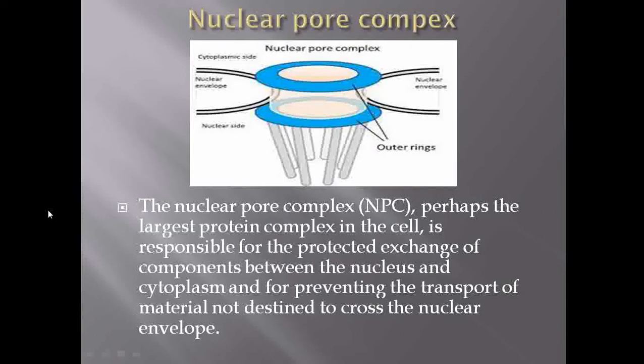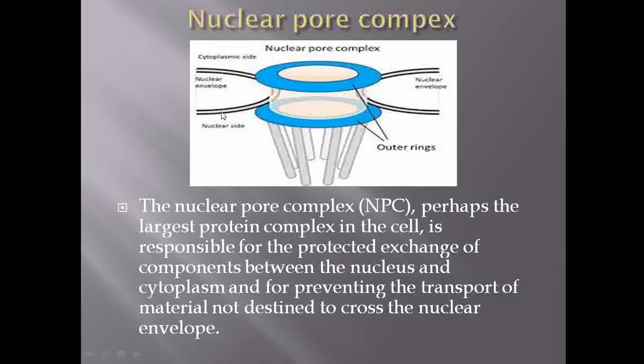So this is our nuclear pore complex. On the nuclear membrane there are pores, as we said. Here you can see the cytoplasmic side. See this diagram very carefully. You will find two black colored structures, that is, the outer and inner membrane of the nuclear envelope.